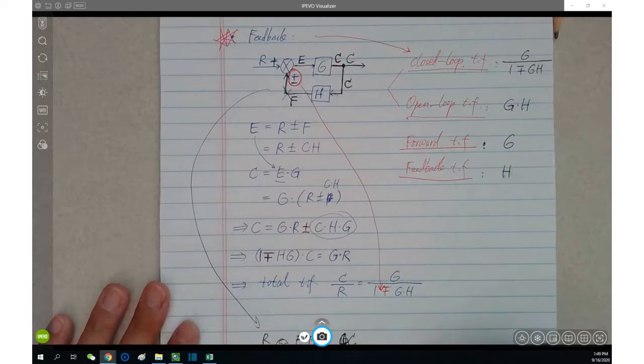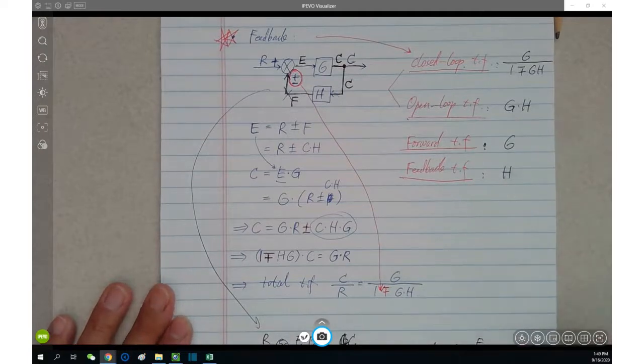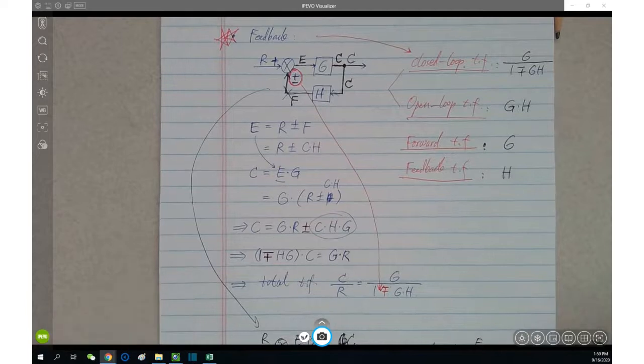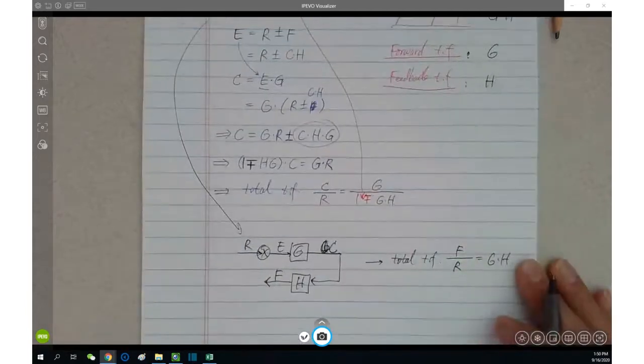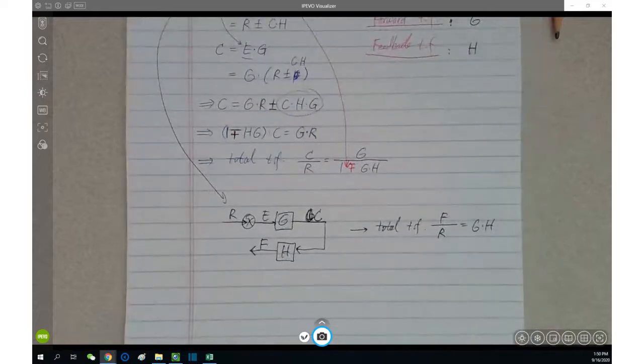To this system, the total transfer function is equal to output, which is F, over the input, which is R. And this is pretty much G and H cascaded. Can you scroll up for us, please, so we can see? Oh, sorry. Here. Okay, yeah, that makes much more sense. Yeah, and the total transfer function now becomes GH.